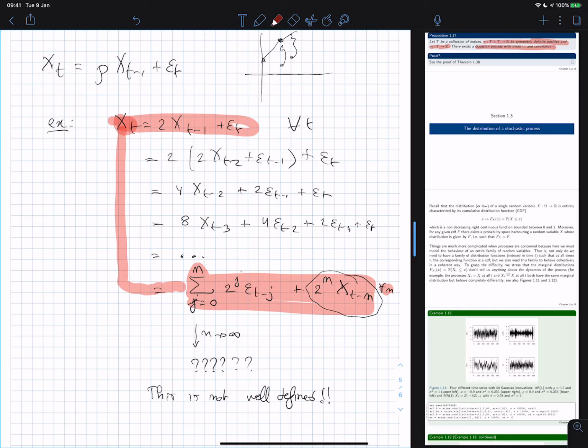If it's true for one n, it has to be true for all n. There is no reason why we should not be allowed to let n go to infinity. But if n goes to infinity, we are in trouble. We have a problem. Our definition is not good. You see?